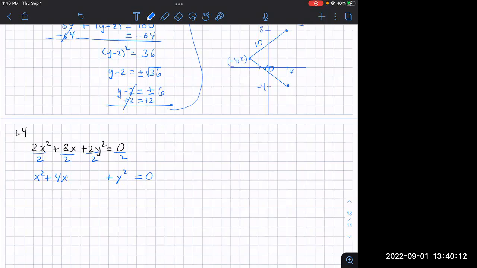Now complete the square. Half of 4 is 2, and 2 squared is 4, so add 4 to both sides. Now factor the first trinomial: (x + 2)² + y² = 4.